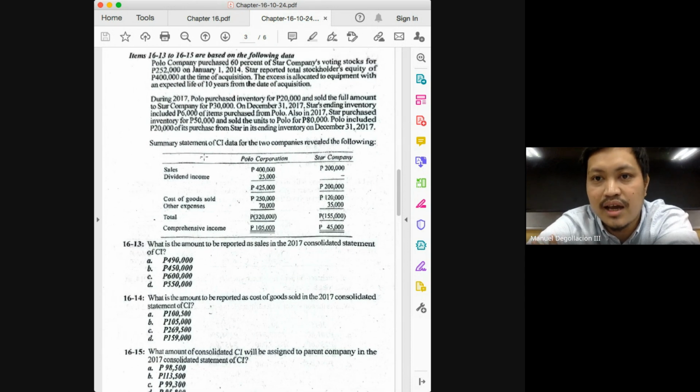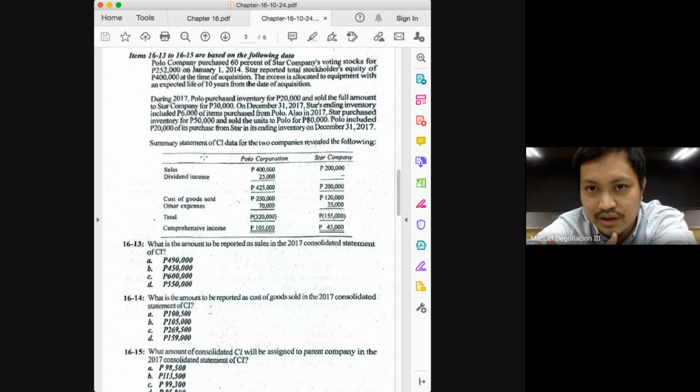What did the problem say? The excess is allocated to equipment with an expected life of 10 years. Actually, the excess is not given, so we will have to determine the excess. Polo Company purchased 60% of Star Company's voting stocks for 252,000. Okay, so how much is the excess here?